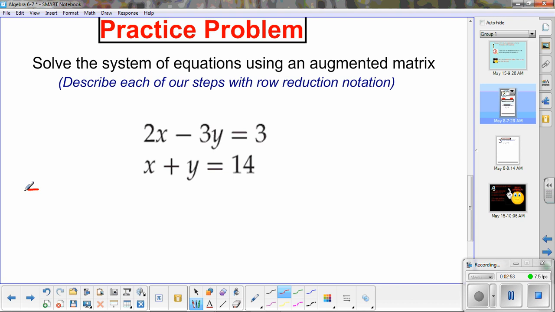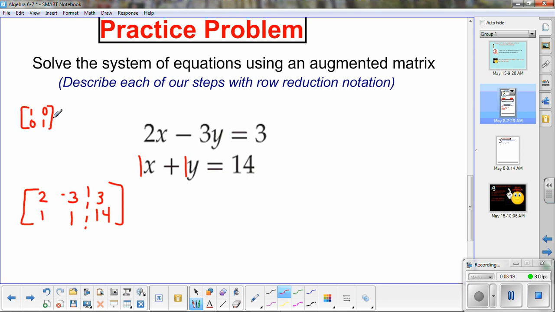So let's go ahead and try this first practice problem together. The first thing we're going to do is write the augmented matrix. So 2, -3, and then our dashed line, 3, and then this is going to be 1, 1, 14. And remember, we wanted to end up looking like this, the identity matrix.